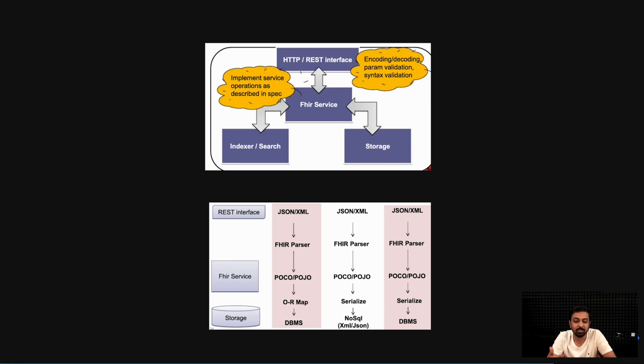So in here you can see the storage can be a database, like SQL, NoSQL, or any other format, right? So it is not restricting you on where to store or how to store, but the only thing is what fields should be there, what endpoints should be there. It is just restricting on that.